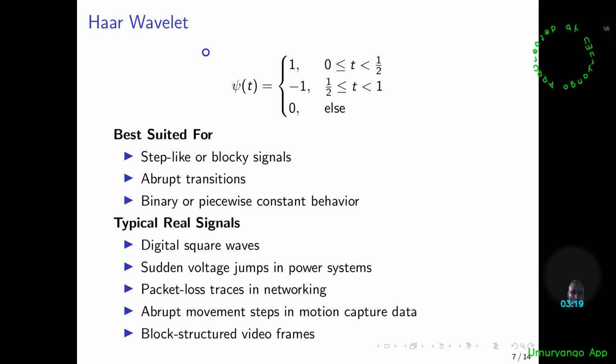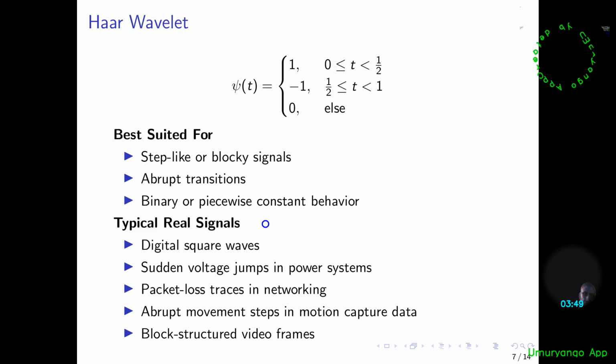Here is the mathematical notation of the Haar wavelet, where we have a stepwise function, which is defined between -1 and 1, and this is best suited for step-like or blocky signals, or abrupt transitions, binary or piecewise constant behavior.